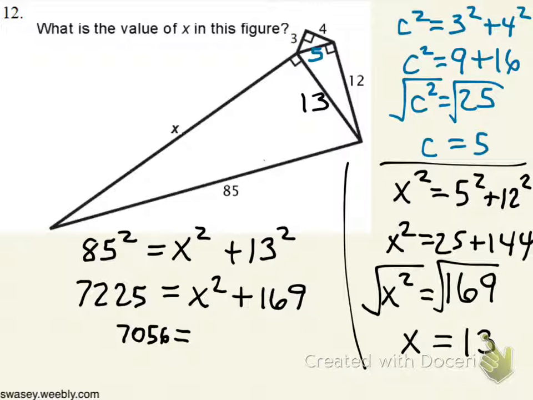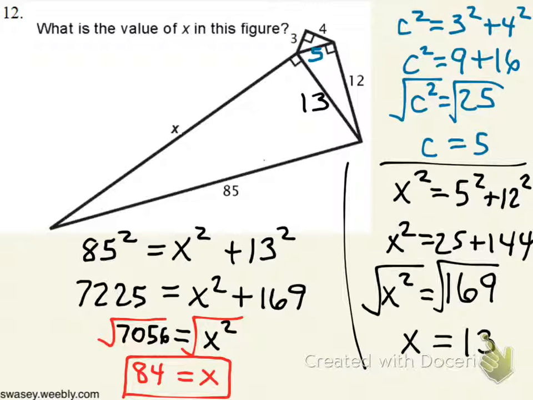Subtract 169 from each side, we get 7,056. To get rid of squared, we'll square root. And so we get 84 for the value of x. Again, I shouldn't have used x before, except for that last part.